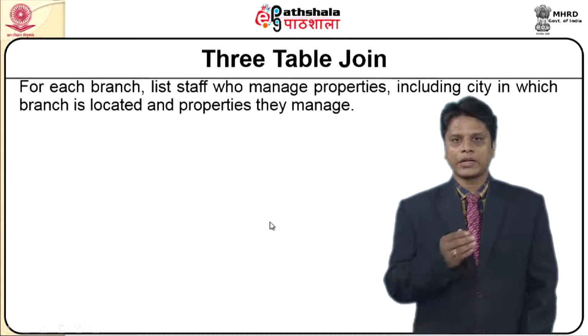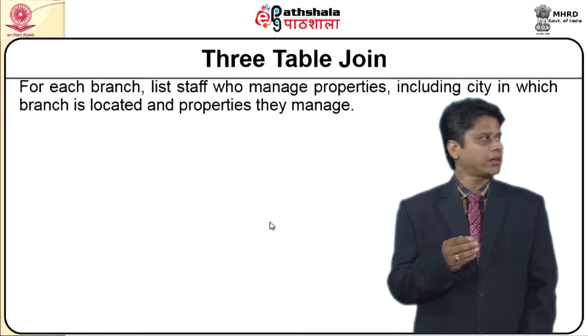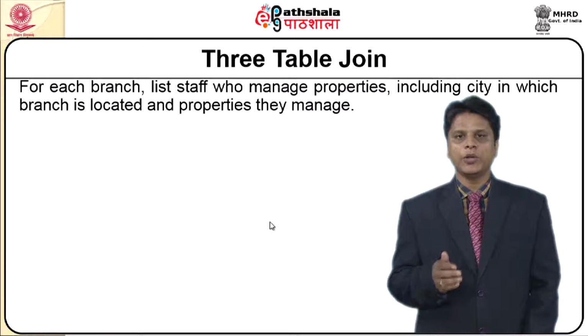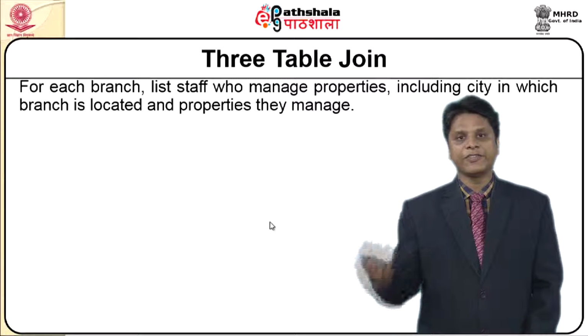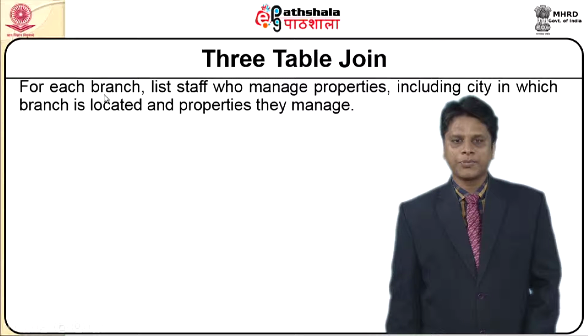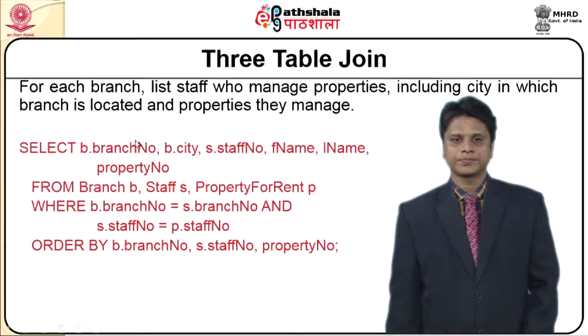So far we have been looking at two table joins. Now we will look at how to combine three different tables. For each branch, list staff who manage properties, including the city in which the branch is located, and the properties they manage.